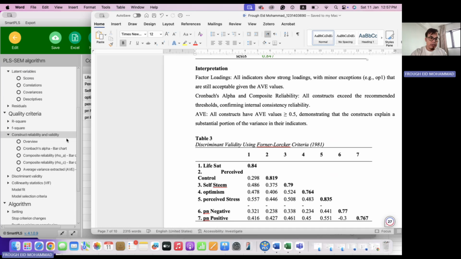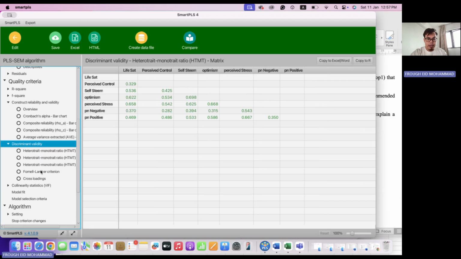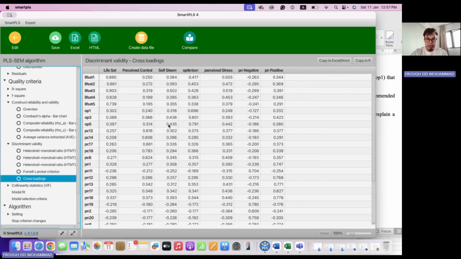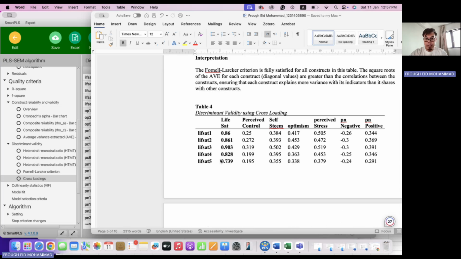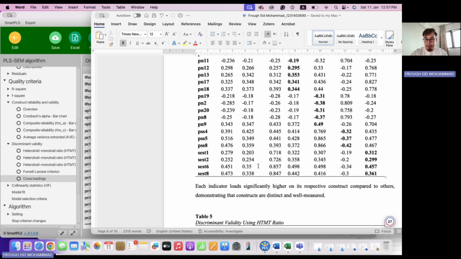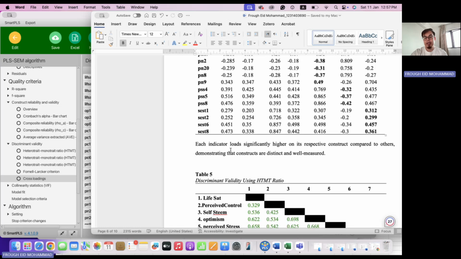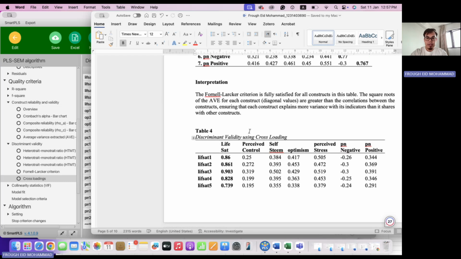So for this, I go to discriminant validity. Cross-loading is here. In my written assignment, for discriminant validity using cross-loading, I've done the necessary steps and analysis, and here is the interpretation.